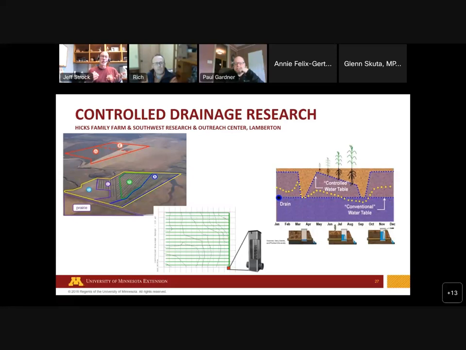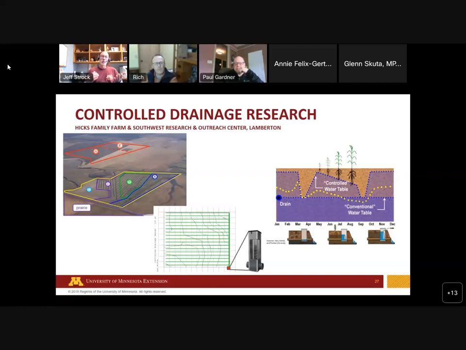These limitations are if things are too wet or if they're too dry, we could have some negative impacts on crop growth and establishment. These things do have to be managed and maintained. Active management is important. If we have a wet year during the growing season where a grower may have to lower the water level in a field, for example, it's going to take some effort and management to get out there and do that.